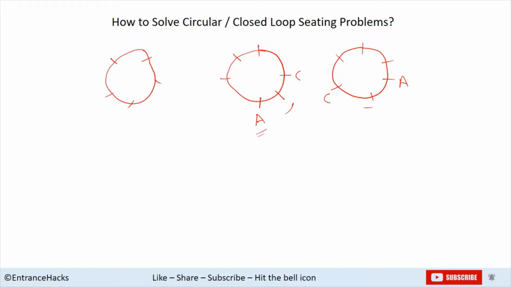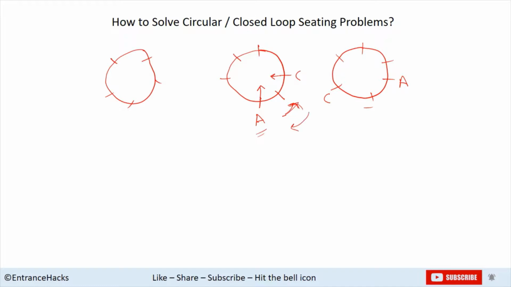Also remember, in cases where it is an inward facing problem, the right direction is anti-clockwise. So if we say C is to the right of A in case of an inward facing problem, C is sitting in the anti-clockwise direction, while the left direction is clockwise.